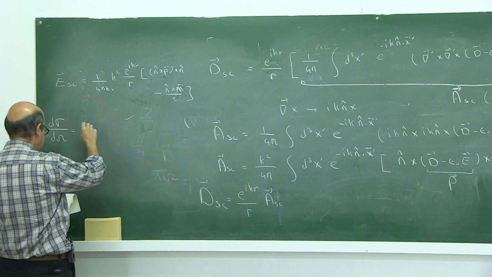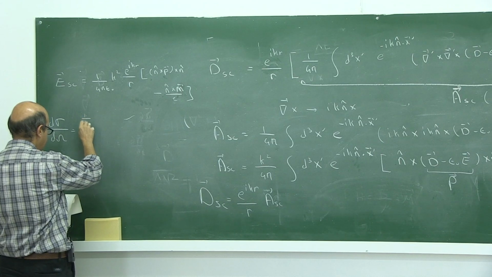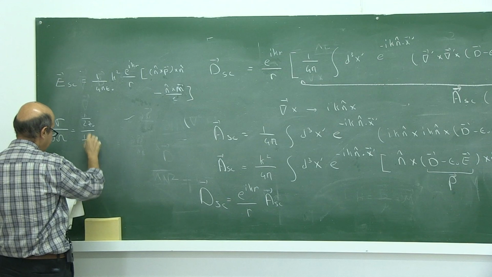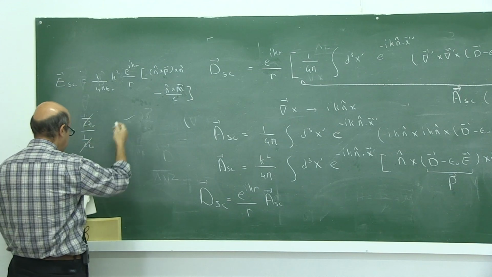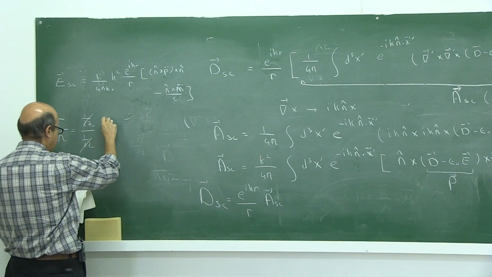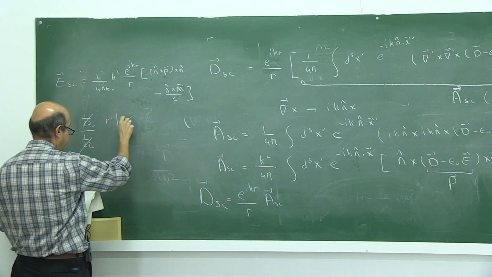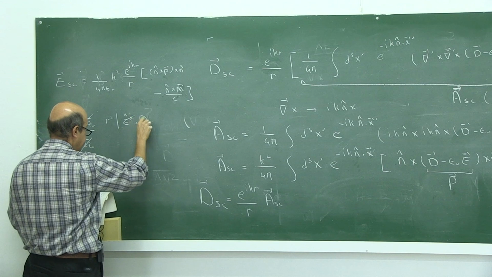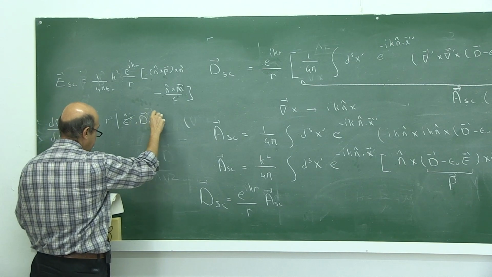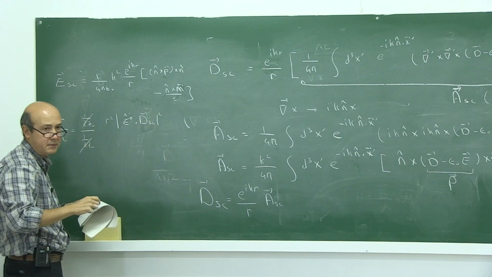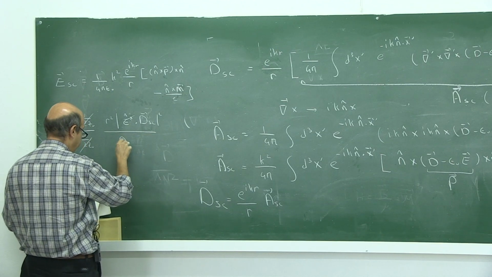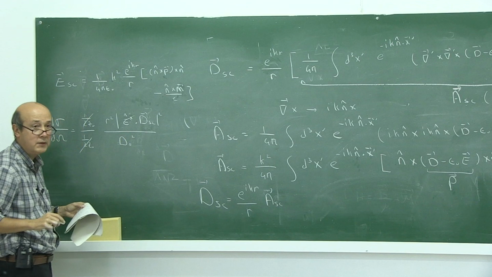So if you remember, there was 1 over 2 z0 and 1 over 2 z0, they will cancel. Even I don't need to put them there. And r squared, polarization after the scattering, that is the scattered electric field. Instead of this, I am writing the electric displacement because I will divide by the incident electric displacement squared.